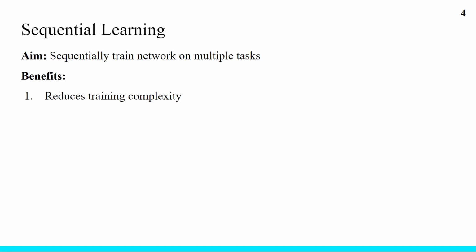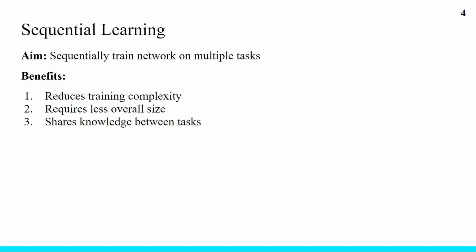The first being that you can potentially reduce the training complexity, the time it takes to train each of those tasks individually. You can store all of that information in a single network rather than several networks, so it saves on some storage capacity. And by having them all in a single network, you can share some information between the weights of the different tasks.